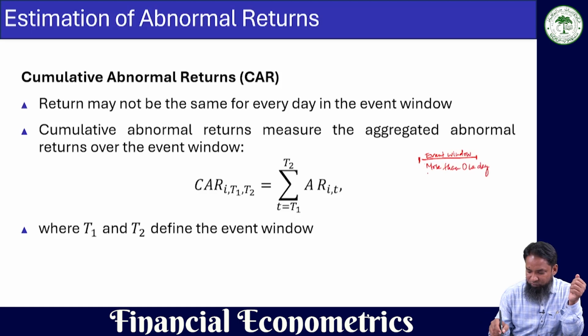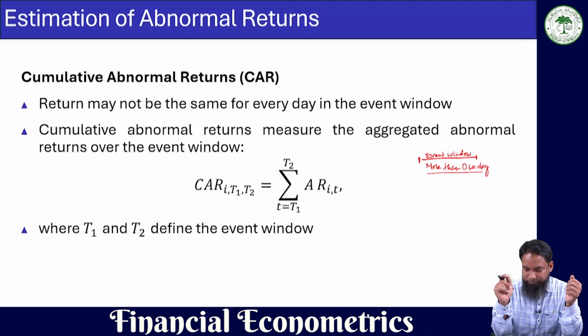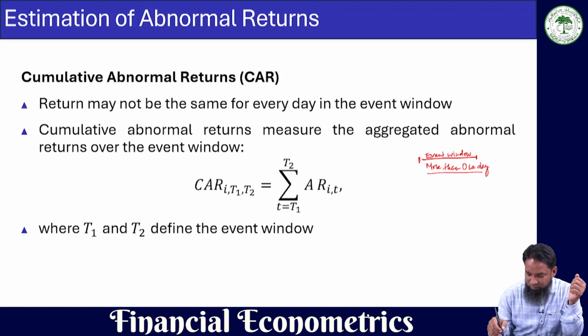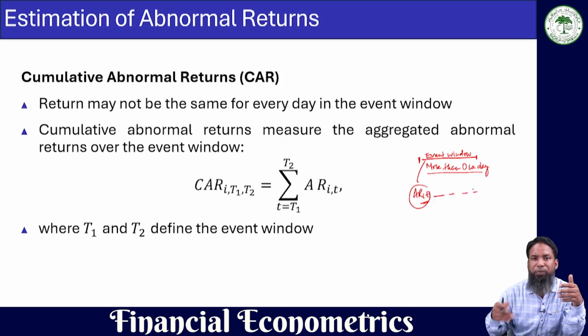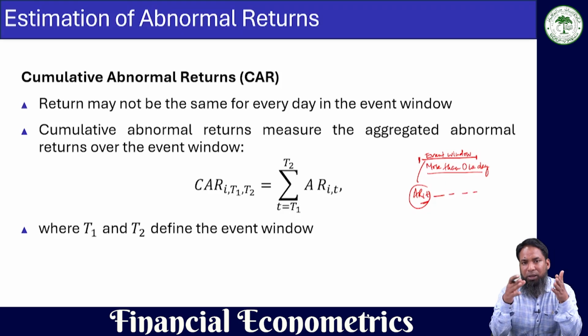If it is more than one day, then when you are assuming the abnormal return of asset i at a particular date t, it is not reasonable to assume that this return will be the same across all the days. It could be different on one day and different on another day.